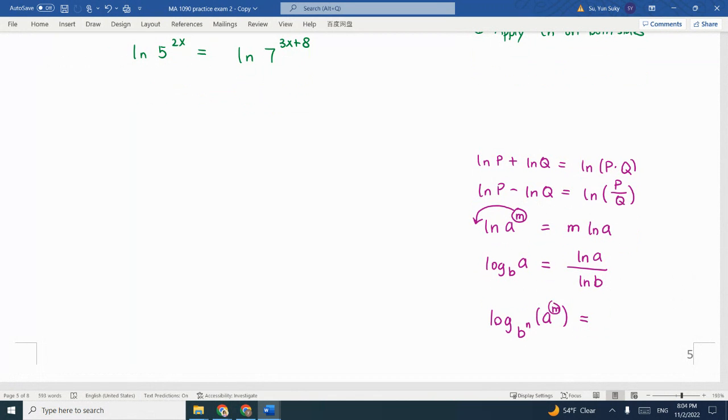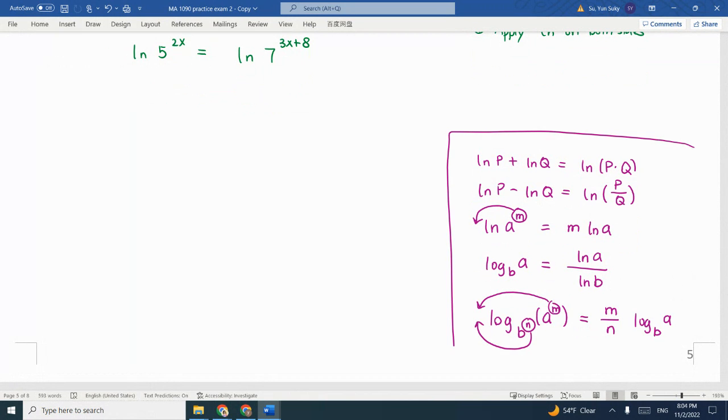Here we can put the m in front, but it's in the numerator. And we can also put the n in front, but it's going to be in the denominator. So these are all the properties of the log.